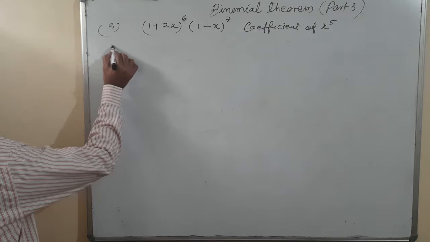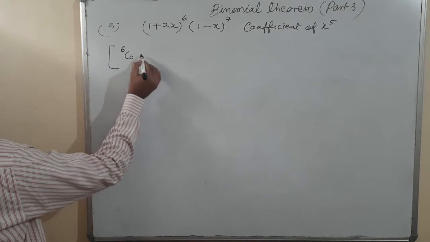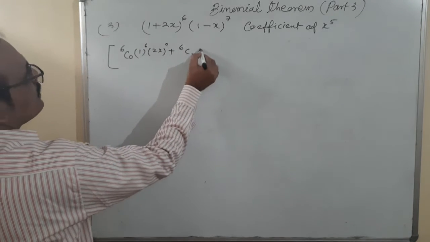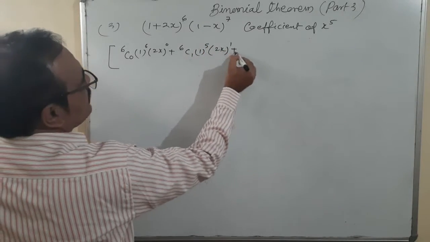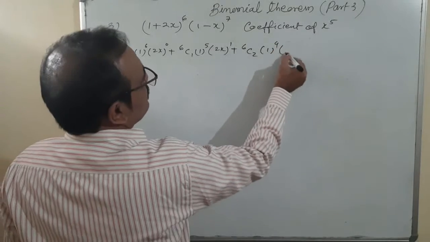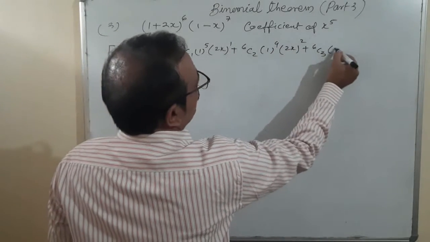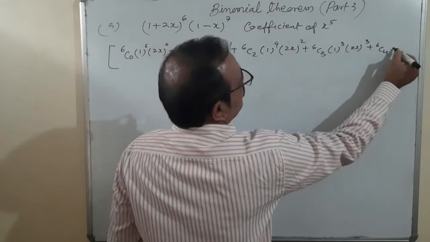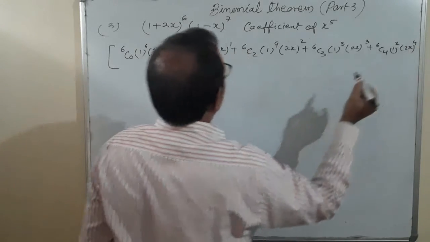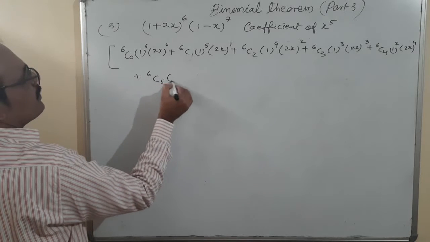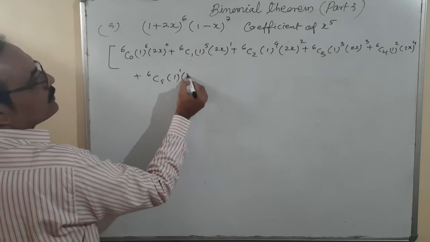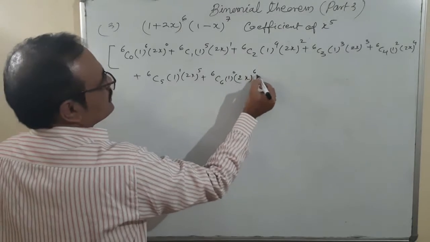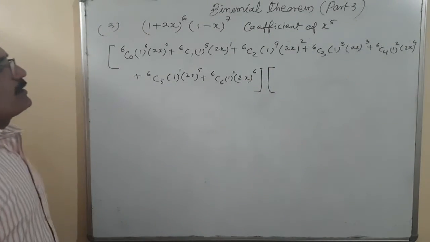So expansion of it, nC0, that means 6C0, 1 to the power 6 minus 0, that is 6, 2x to the power 0, plus 6C1, 1 to the power 5, 2x to the power 1, 6C2, 1 to the power 4, 2x to the power 2, 6C3, 1 to the power 3, 2x to the power 3, plus 6C4, 1 to the power 2, 2x to the power 4, plus 6C5, 1 to the power 1, 2x to the power 5, and last plus 6C6, 1 to the power 0, 2x to the power 6, multiplied by (1 minus x) to the power 7.